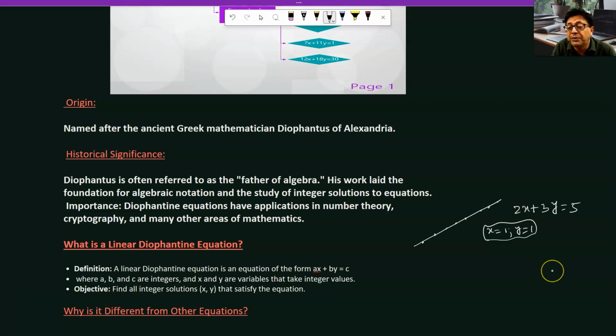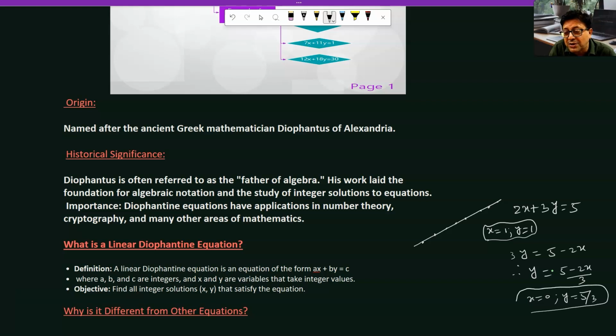The way you normally do, you express y in terms of x. 3y equal to 5 minus 2x, so y equal to (5 minus 2x) by 3. If you put x equal to 0, y comes to be 5 by 3. But this is not the solution we are searching for.